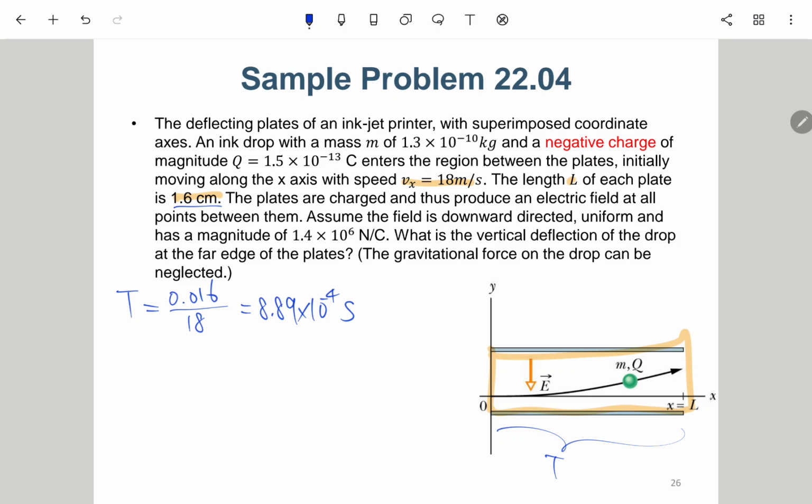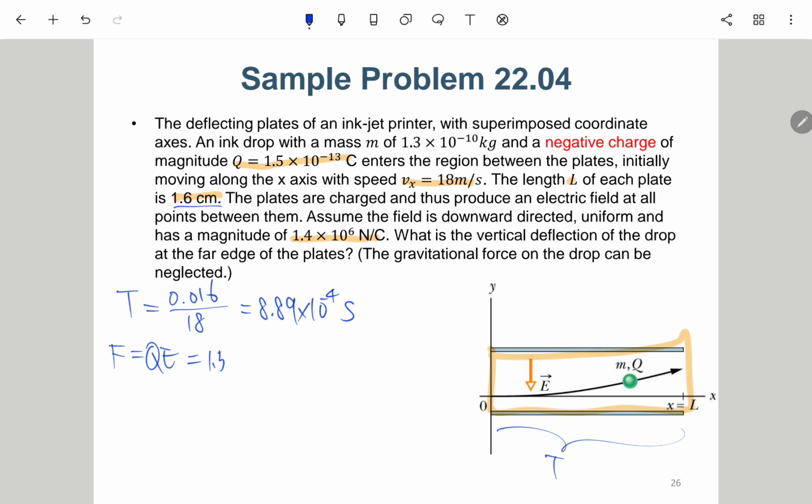Okay, so actually we also would like to know the force acting on the ink. So F equals QE. We already know this, and I put it as a capital Q because this one is capital Q here, and then we also know the E field. So we just need to plug in all the numbers.